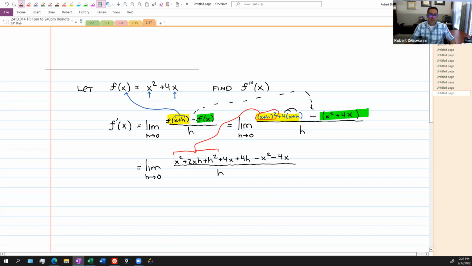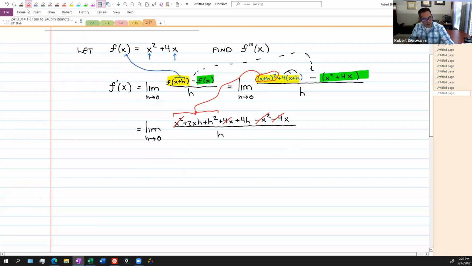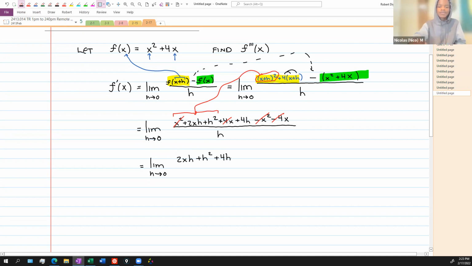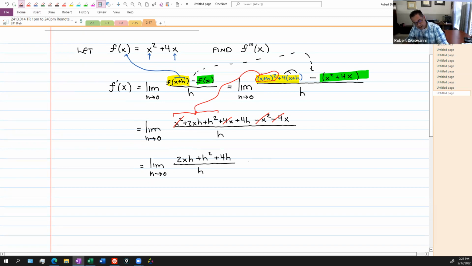So good? Questions? Good things happen. x squared, gone. 4x, gone. And everything that's left, y'all notice what everything that's left in the numerator has? What do all the terms in the numerator have in them? An h, which means I can factor an h out, right?